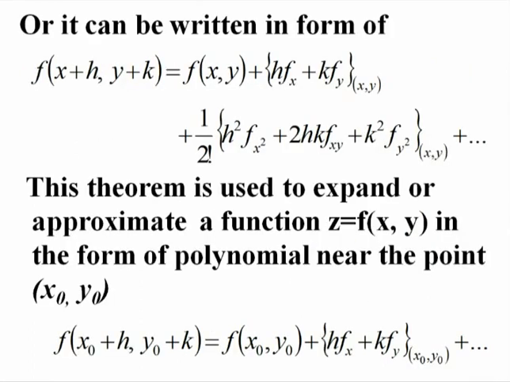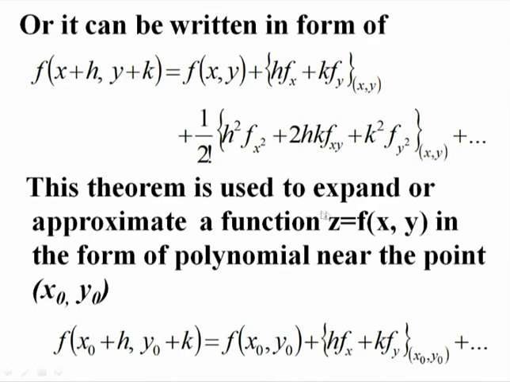This can be written in the form of f of x plus h comma y plus k is equal to f of x comma y plus h into the partial derivative of f with respect to x plus k into the partial derivative of f with respect to y at the given point x y, plus 1 upon 2 factorial into h square into fxx plus 2hk fxy plus k square fyy at the given point.